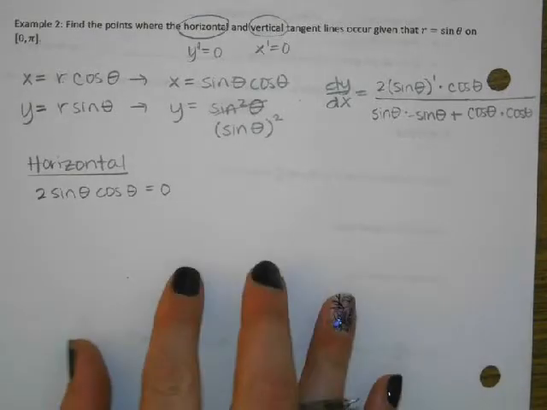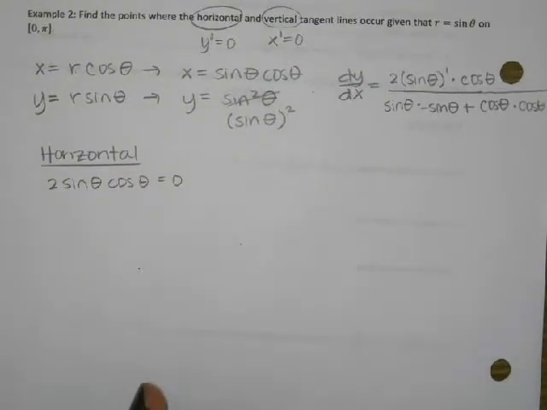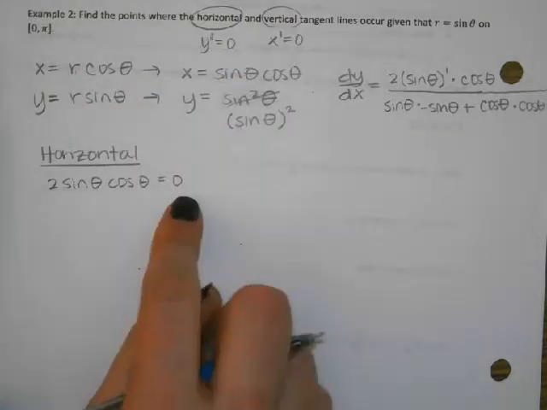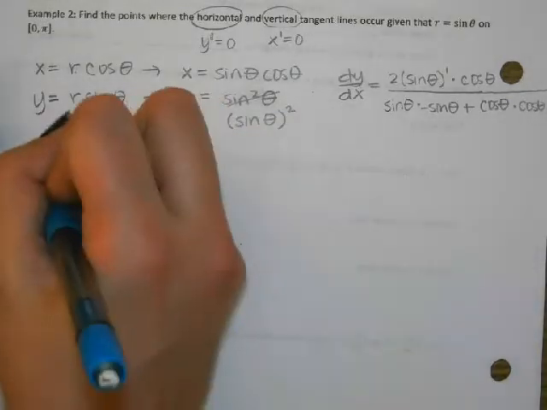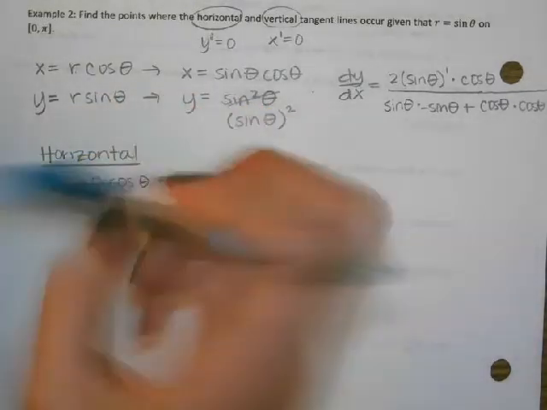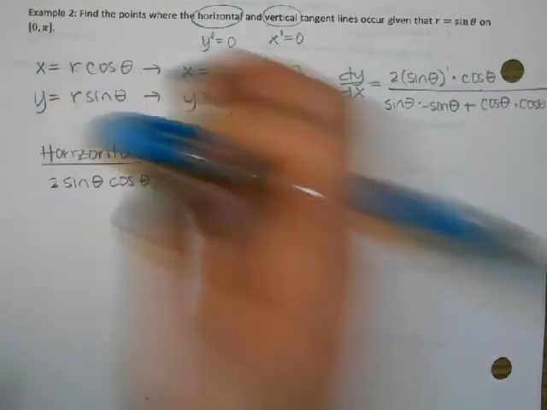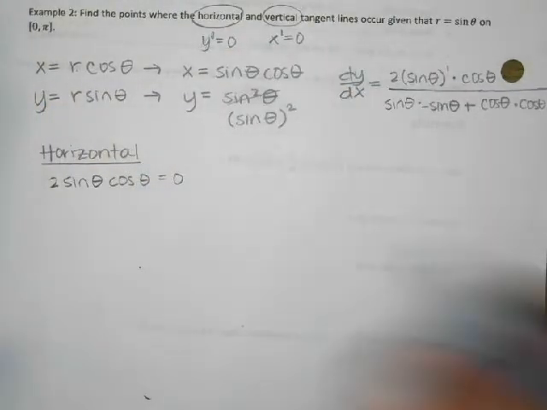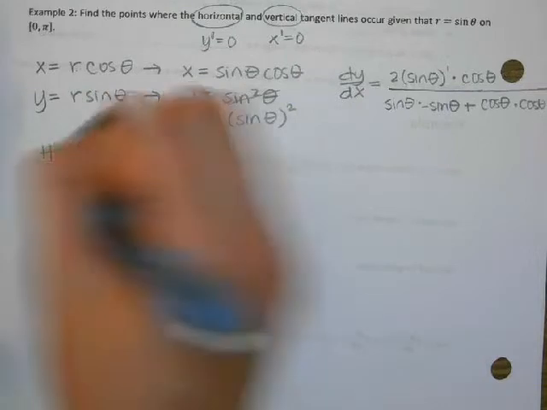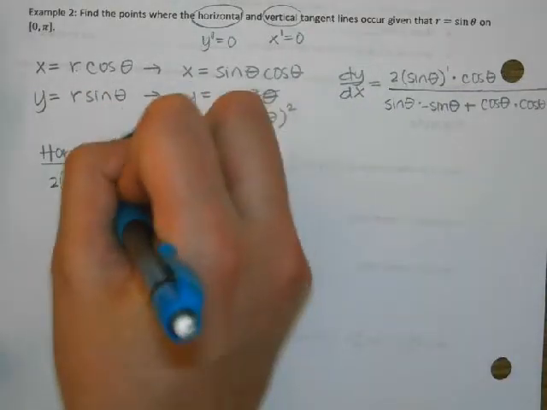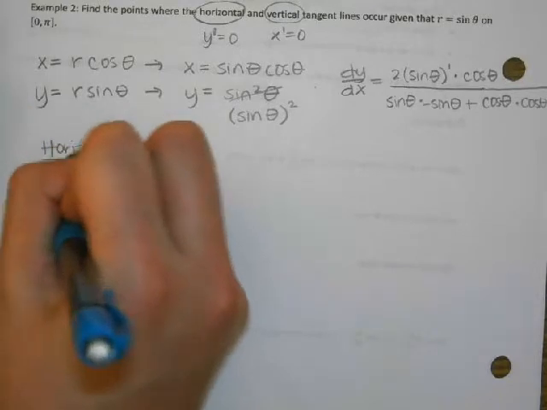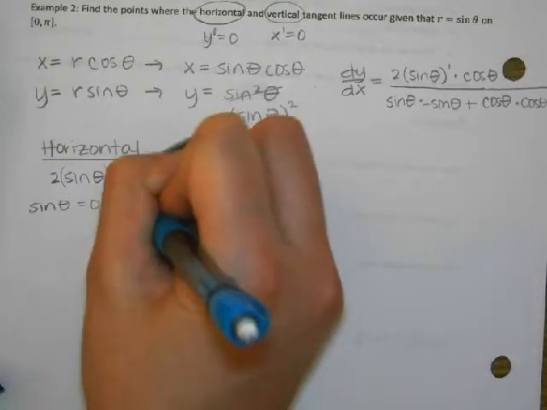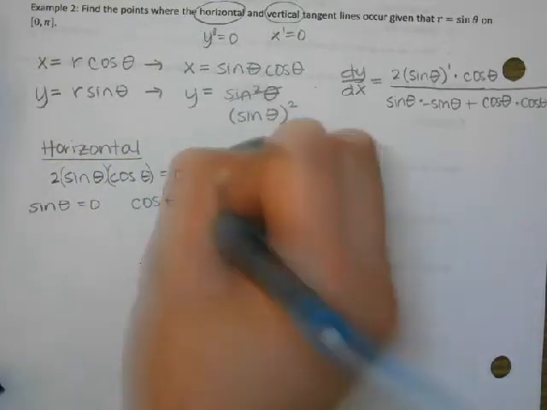Does anyone have an idea of how I solve for theta? You could divide the 2 over, right? You're kind of factoring, basically. We know the 2 is not going to make any difference, because it's 2 times something equals 0. So really you can think of this as one of your factors and this as another one of your factors. And so I'm going to say that sine theta equals 0 and cos theta equals 0.